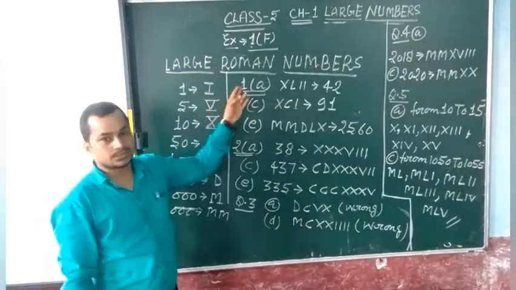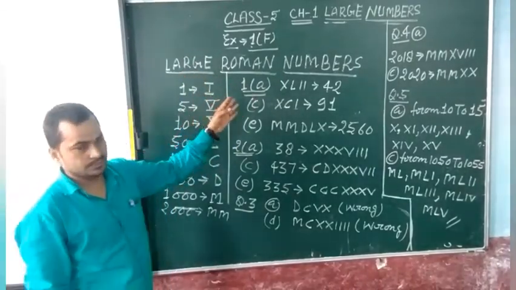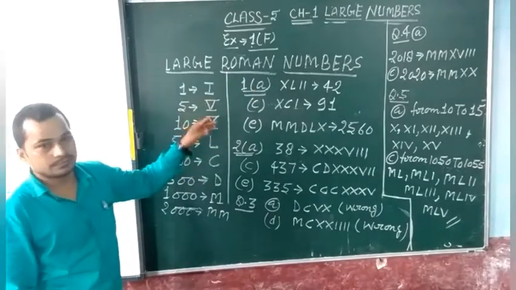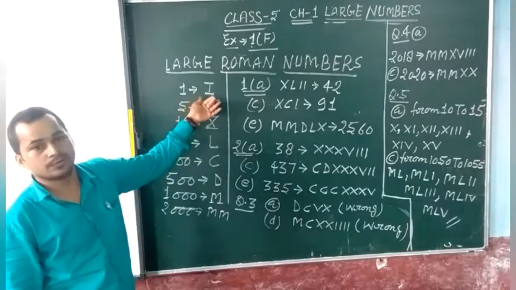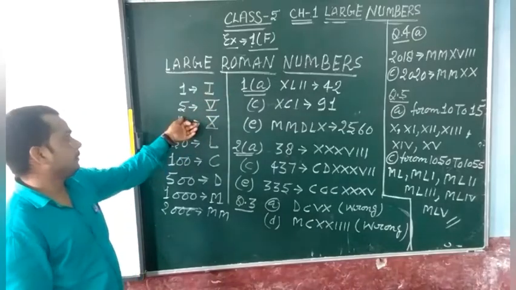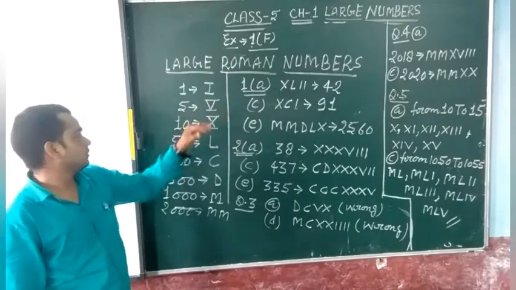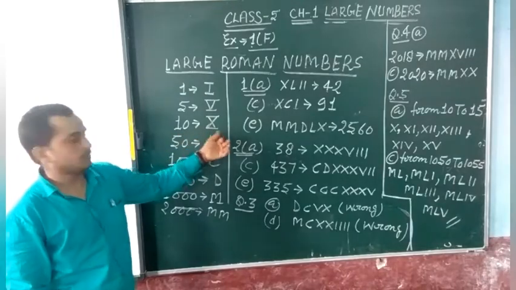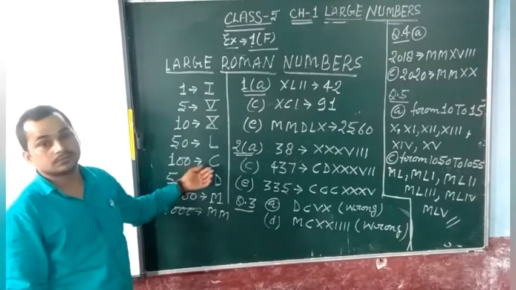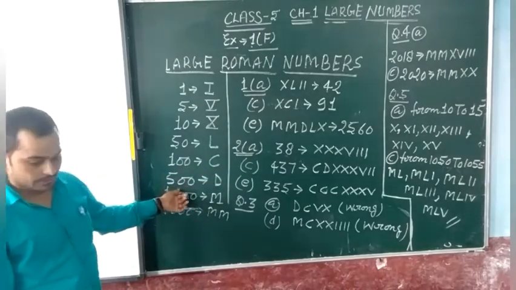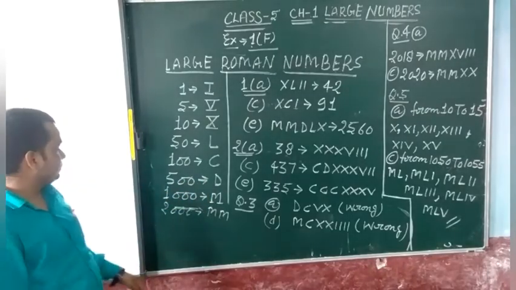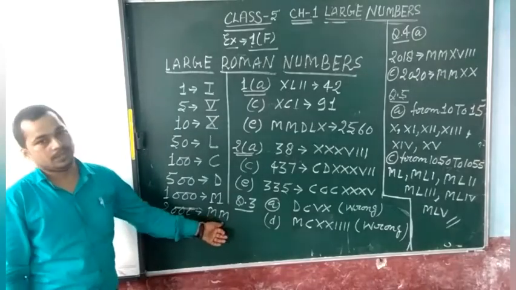So we study Roman numbers from class 1, 2, 3, 4, and 5. In class 5, we know the basic symbols of the Roman numbers. 1 is I, 5 is V, 10 is X, 50 is L, and 100 is C, and 500 is D, and 1000 is M, 2000 is MM.